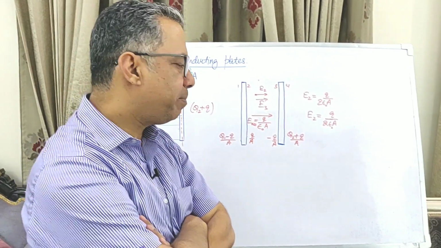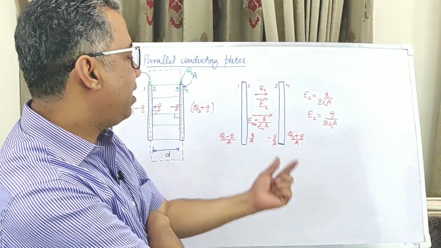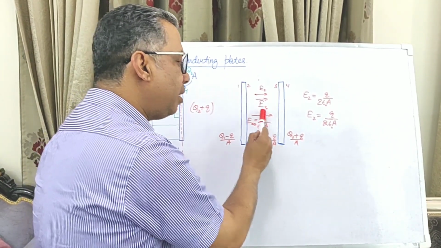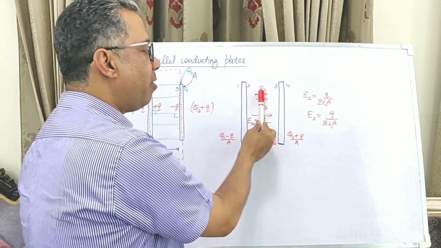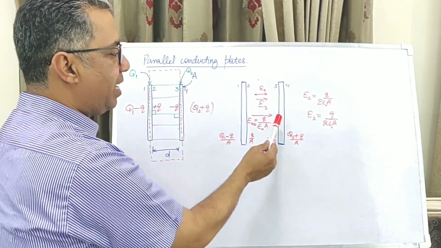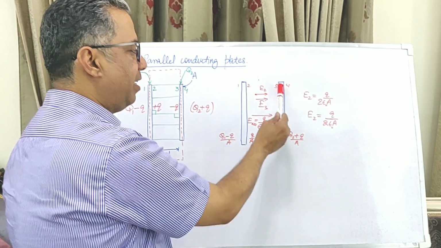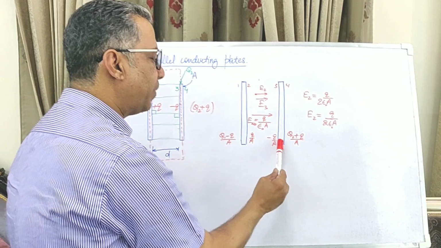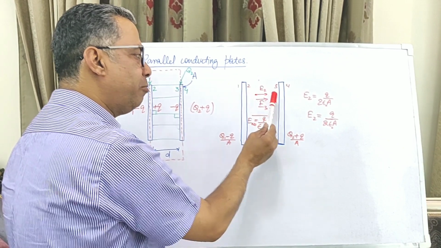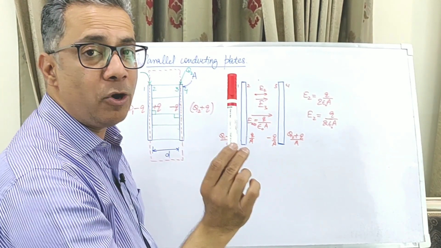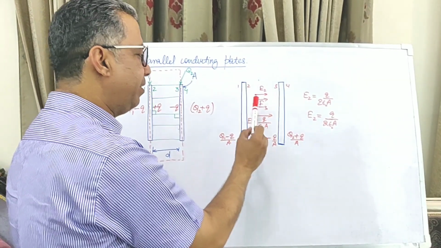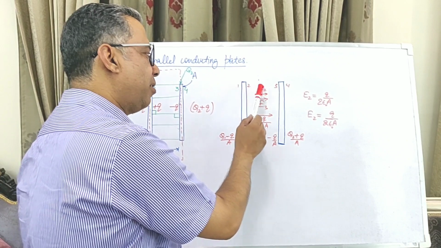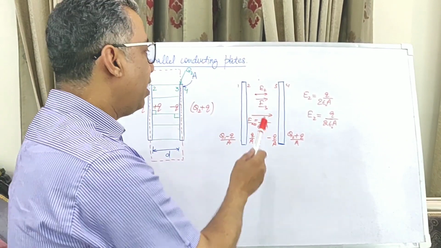That we took up in the previous video. So the net field here has to be sigma by epsilon naught, and this sigma by epsilon naught is the sum of E2 and E3. That means the net field in this region is due to the fields due to charges on 2 and 3 only.